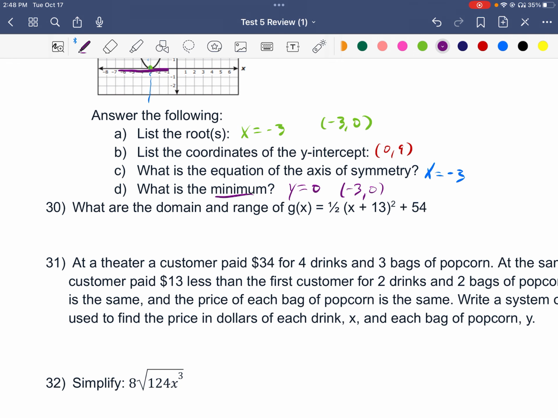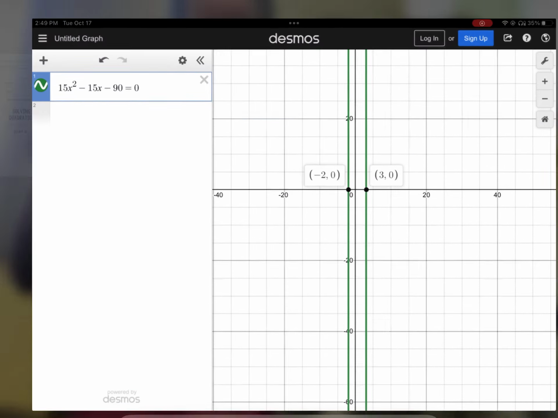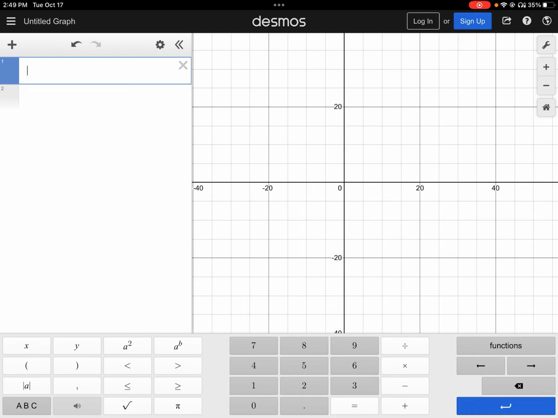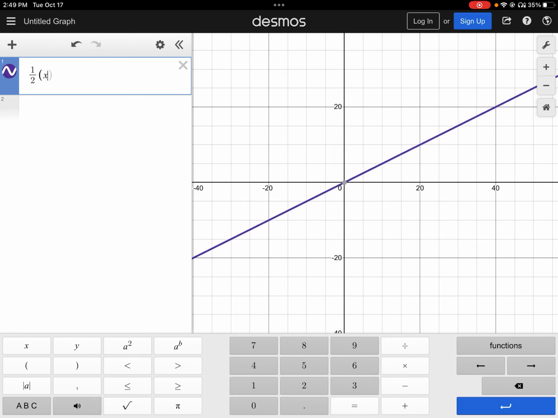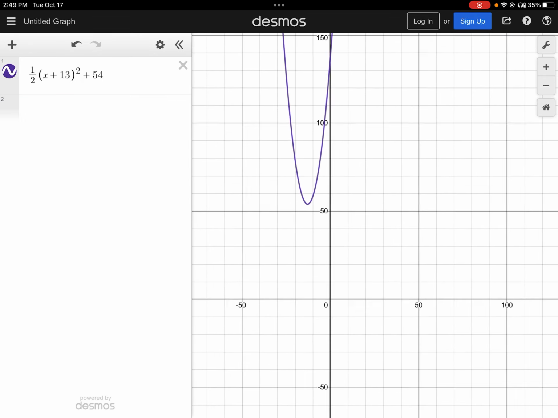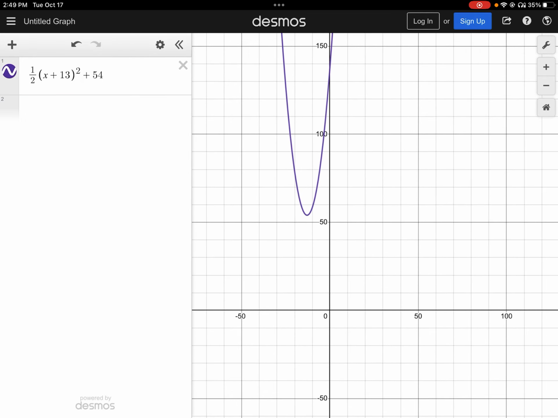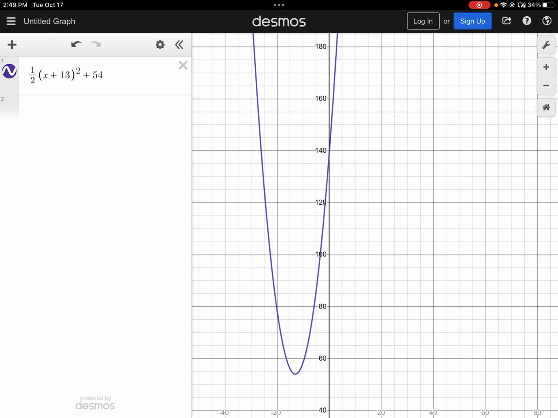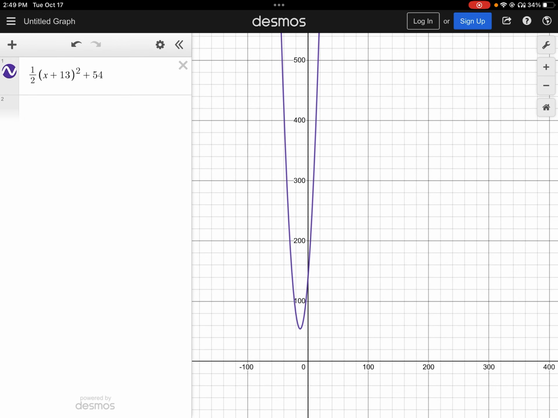Domain and range for g of x. All right, let's do domain. Let's do range in red. Let's type it in Desmos. All right, so my domain: this line is going to have all x values at some point.